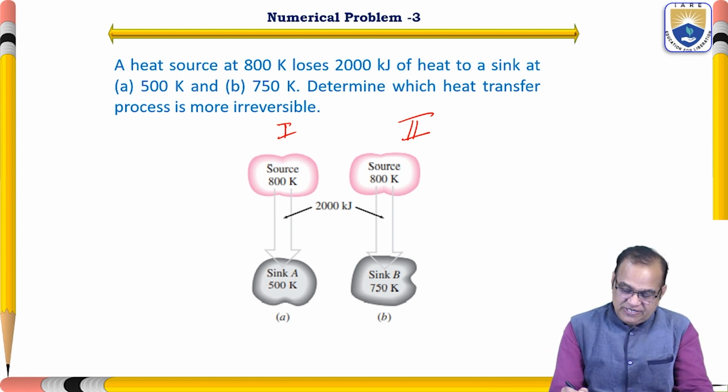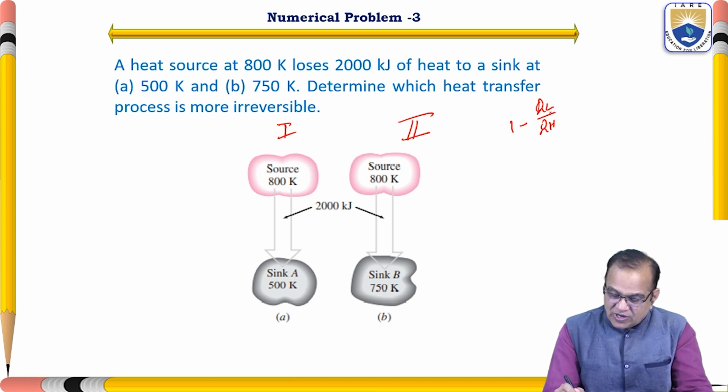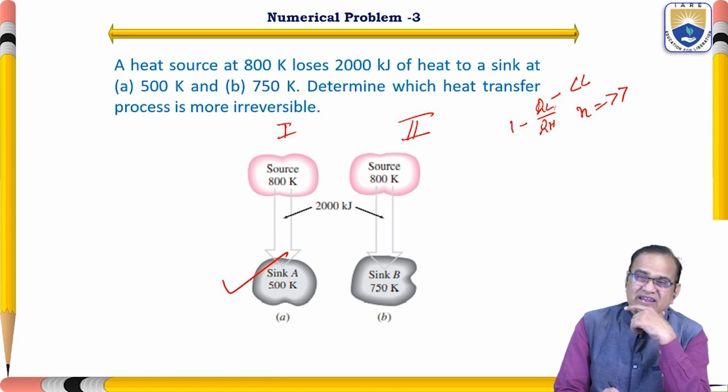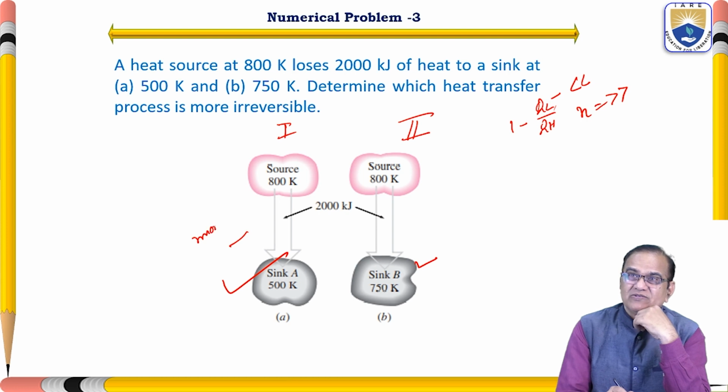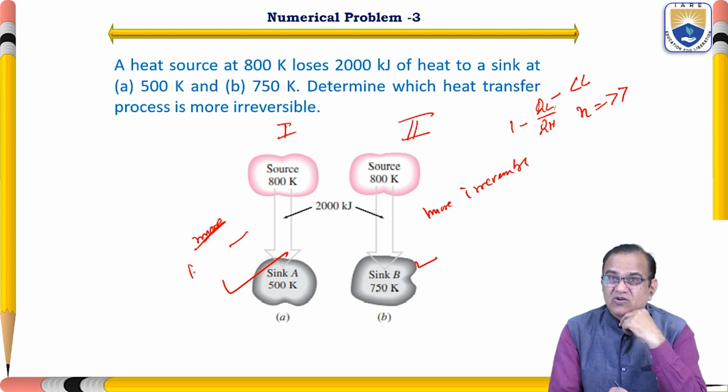If you see the efficiency, 1 minus QL by QH, the less QL you have, the higher the efficiency will be. In this, this one has less QL compared to this, so this is more reversible, and this is more irreversible.